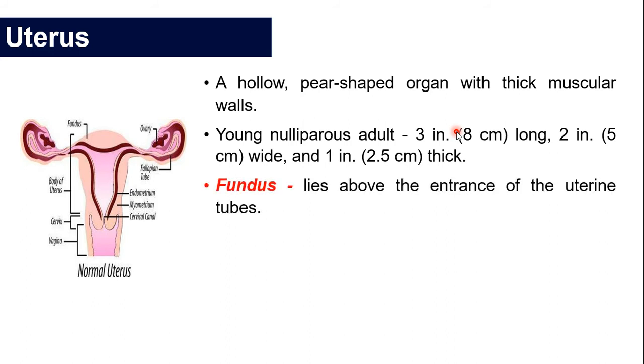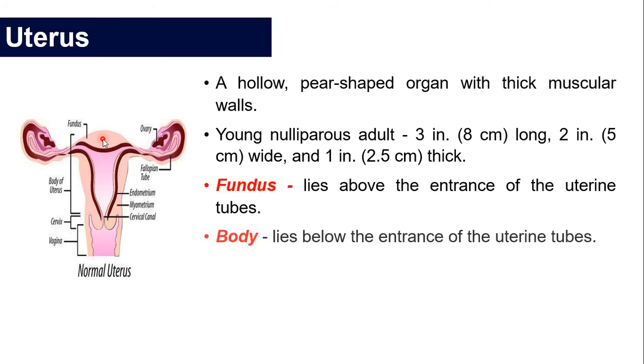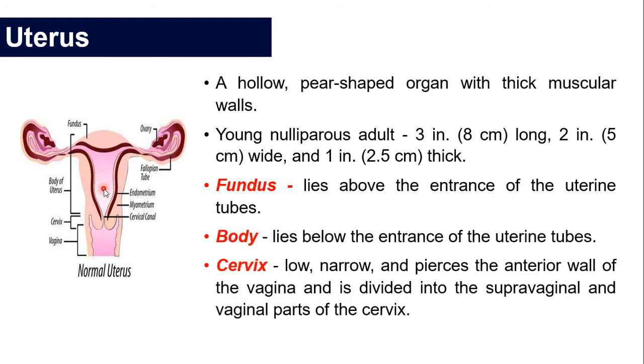We have the fundus, which lies above the entrance of the uterine tubes; next the body, which lies below the entrance of the uterine tubes; and the cervix. The cervix is low and narrow, pierces the anterior wall of the vagina, and is divided into the supravaginal and vaginal parts of the cervix.